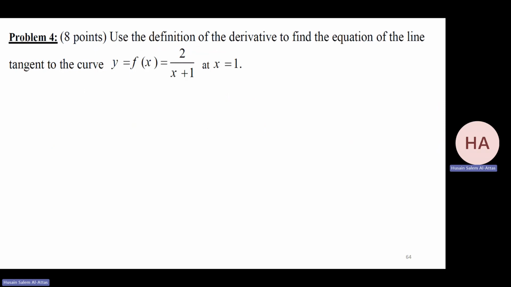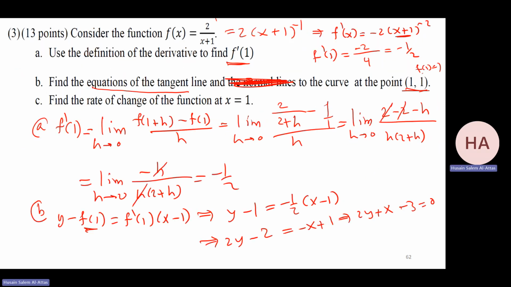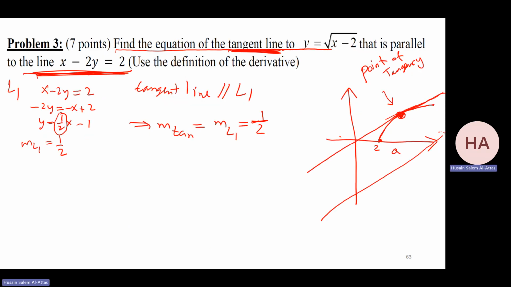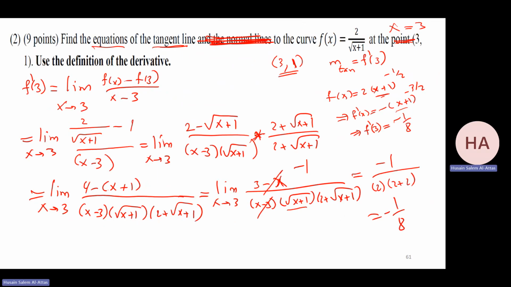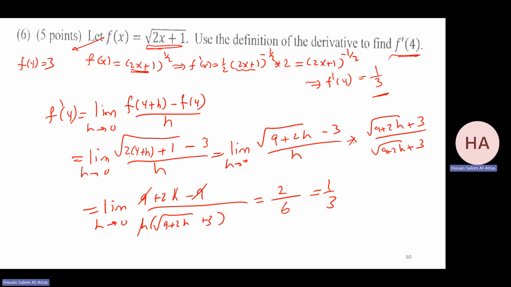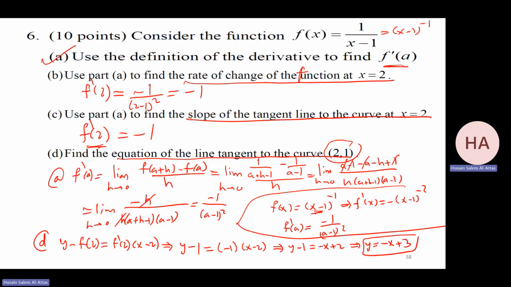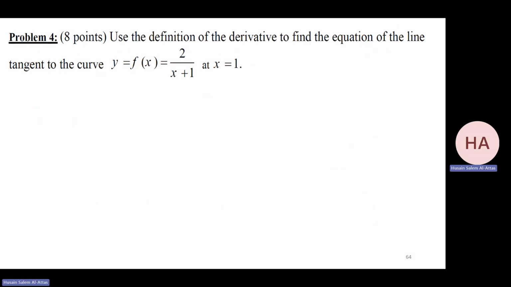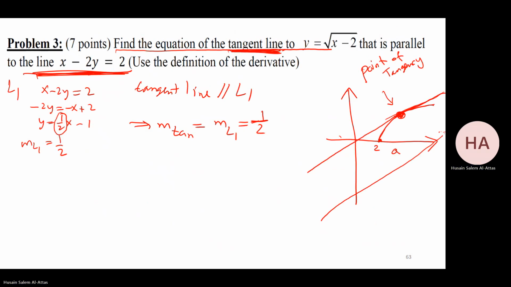In the previous problems, he told you to find the tangent at this point, so the point of tangency was given. He gave you x equals 3. Find f prime at 4. I'm talking about finding the slope of the tangent line at this point. So he gave you the point of tangency. If you know the point of tangency, you are done.